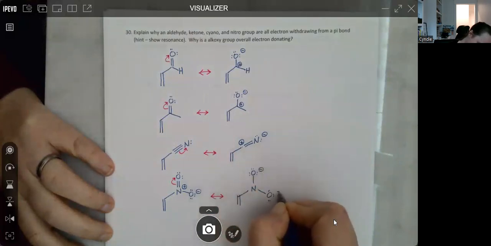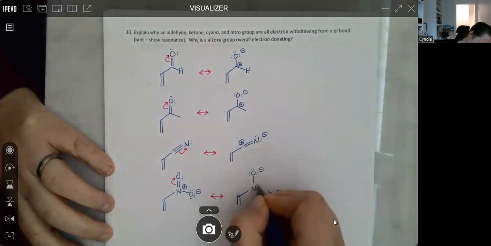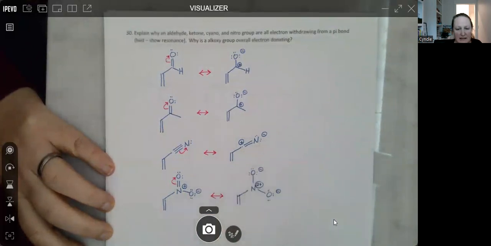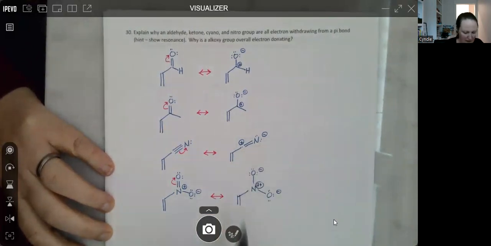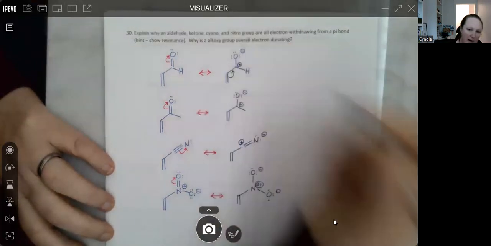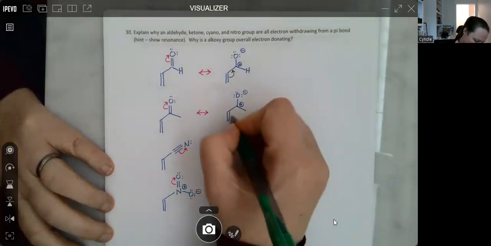So most people actually, in this case, wouldn't really draw this particular contributor because it's not significant, but we can go ahead and draw it just so we can see the correlation in all of these cases, right? And then from here, we can do the allylic carbocation pattern, right?